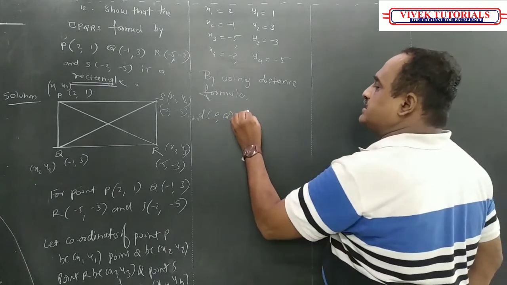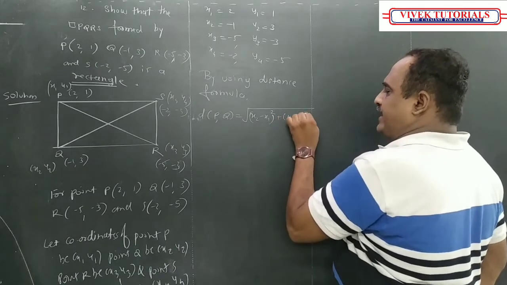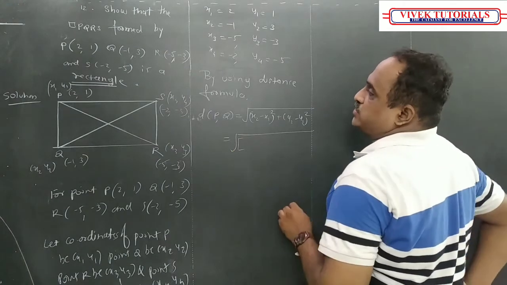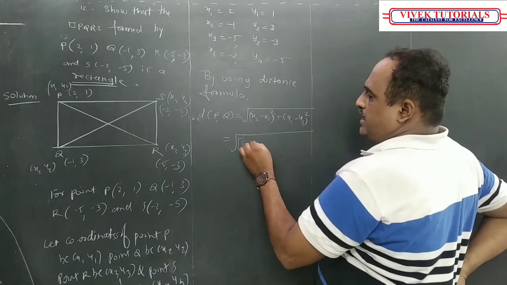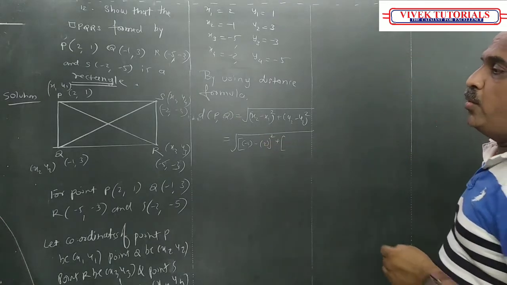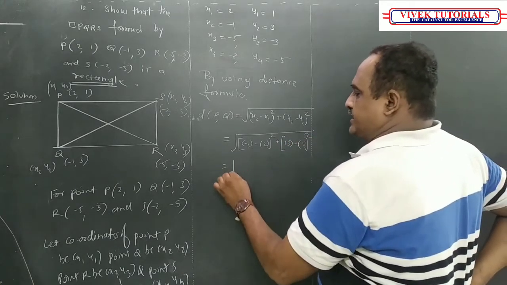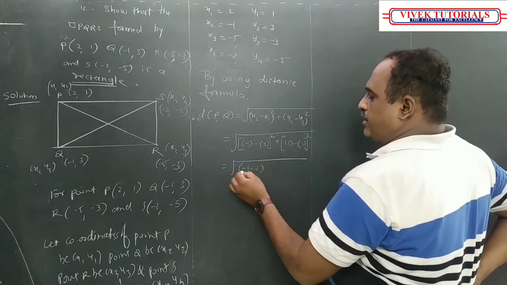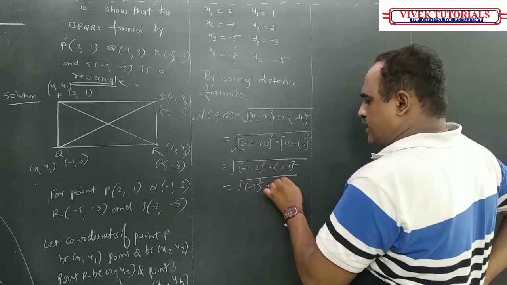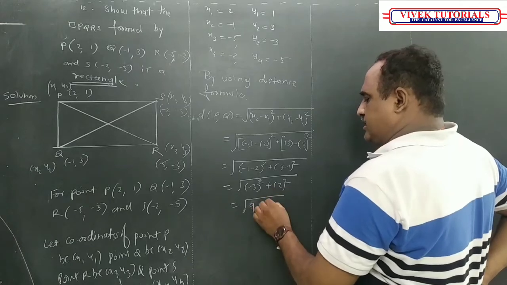Length of side PQ is under root (x2 minus x1) the whole square plus (y2 minus y1) the whole square, the distance formula. x2 is -1 minus x1 which is 2, the whole square, plus y2 is 3 minus 1 the whole square, that is under root (-1 minus 2) the whole square plus (3 minus 1) the whole square, which is (-3) squared plus 2 squared, 3 squared is 9 and 2 squared is 4.